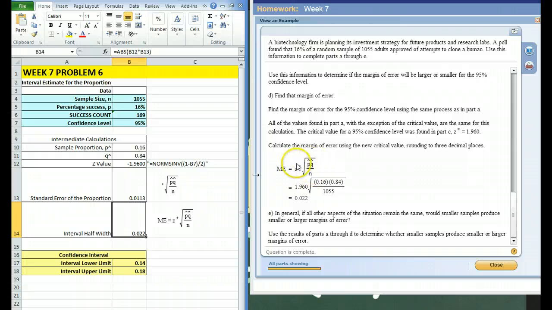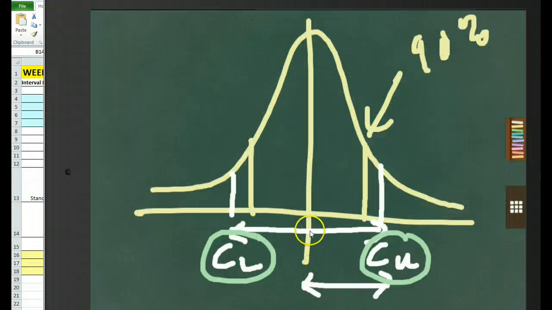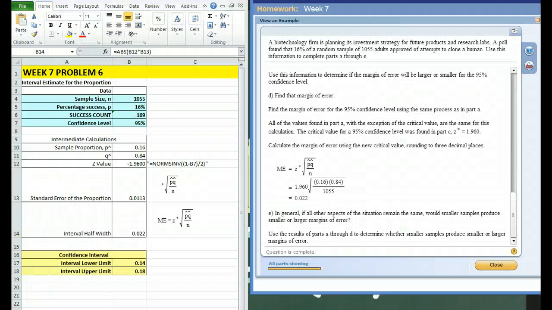And if that result is bigger, when you square root it, it's going to be bigger. So the margin of error is going to be bigger. So it's also going to widen this range here. So the larger margin of error will mean that your confidence interval, I'm sorry, is going to be wider. Your margin of error is going to be larger simply because you decreased this.